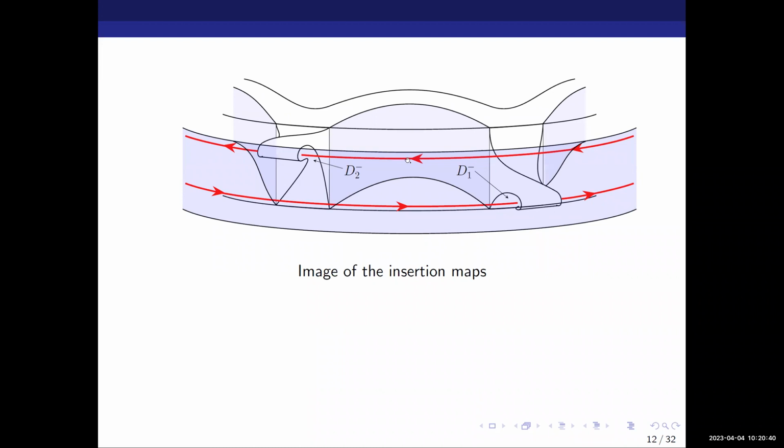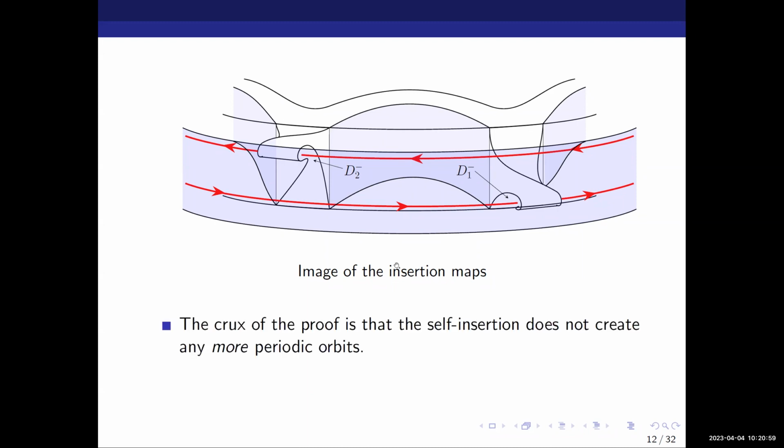And so now this periodic orbit is going to go in the bottom of this surgered region, and that's going to again break the periodic orbit. It's now going to go into this quotient plug and wind around in there somewhere. And the proof shows that not only does this, number one, break those periodic orbits, but it does so in a way that doesn't create any new periodic orbits.